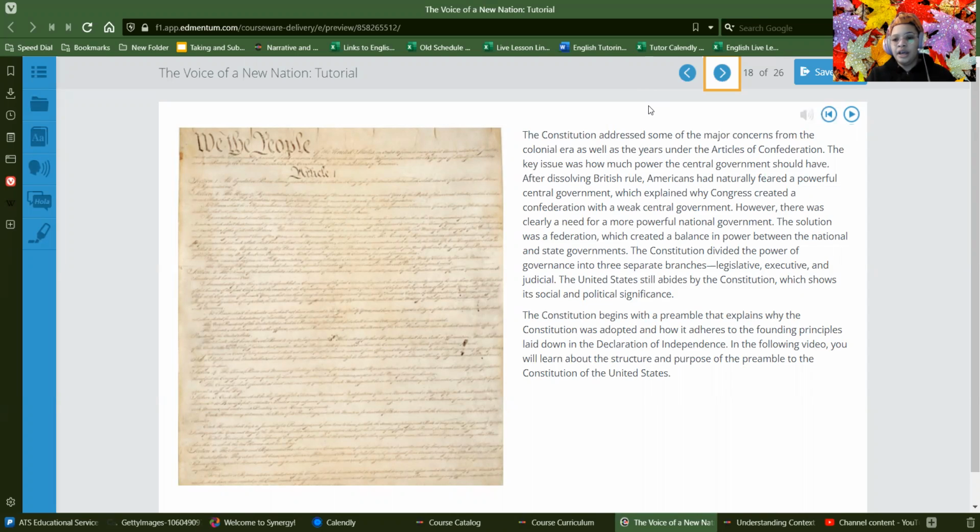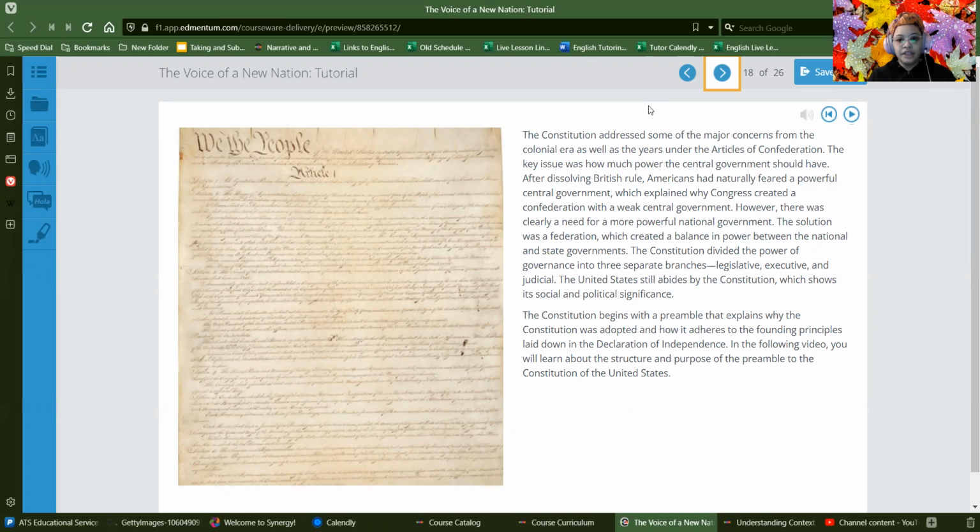So the Constitution addressed all of those things and tried to make sure that the balance of power between the states was equal, so that no state ended up ruling the rest, or that no state's rules were more important than the others.